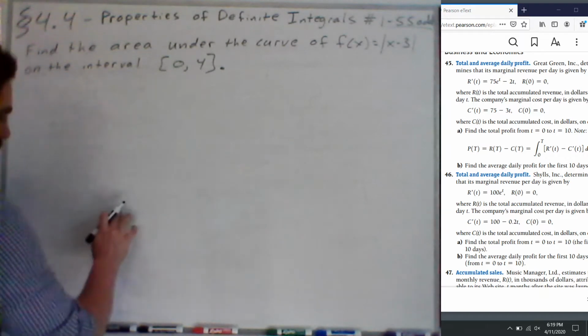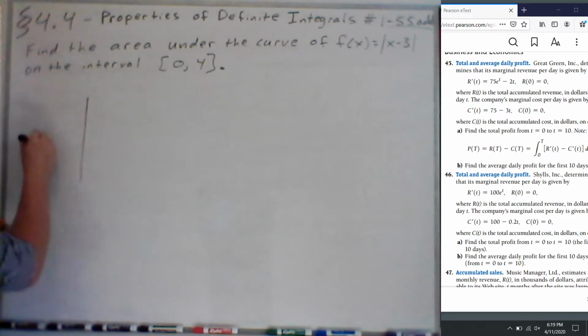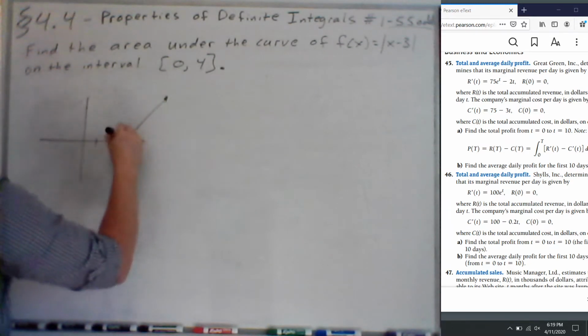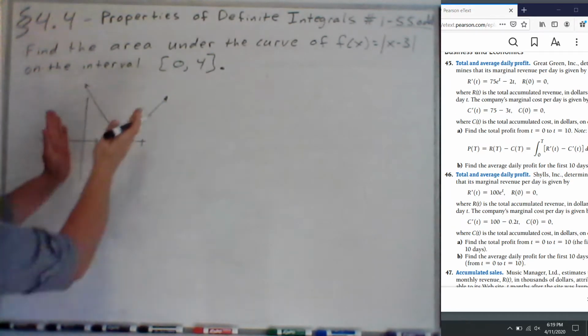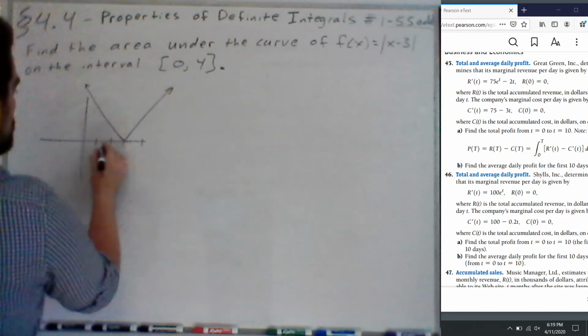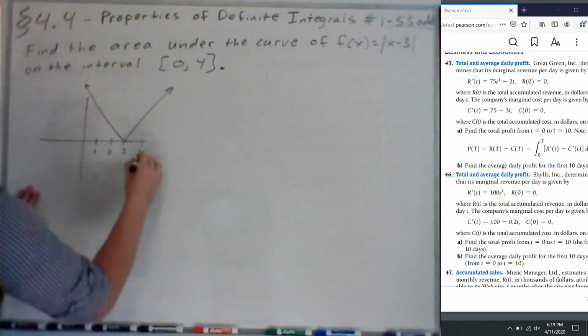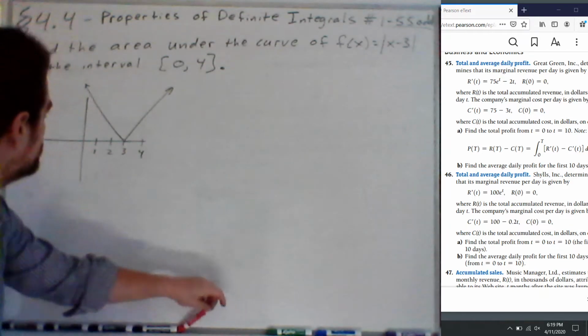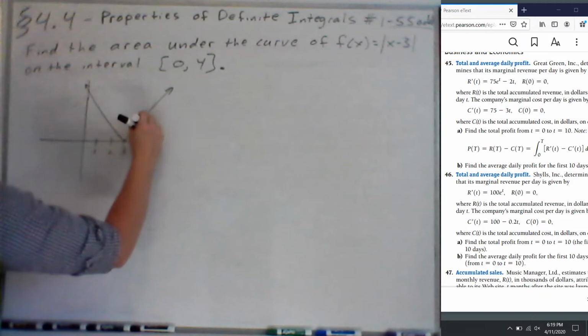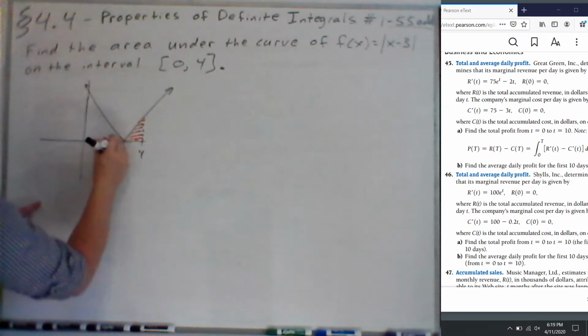So this one is worth a sketch here. Recall that the absolute value function has this sort of V shape to it. And so I'm going from 0 to 4. That means I want to find this area.